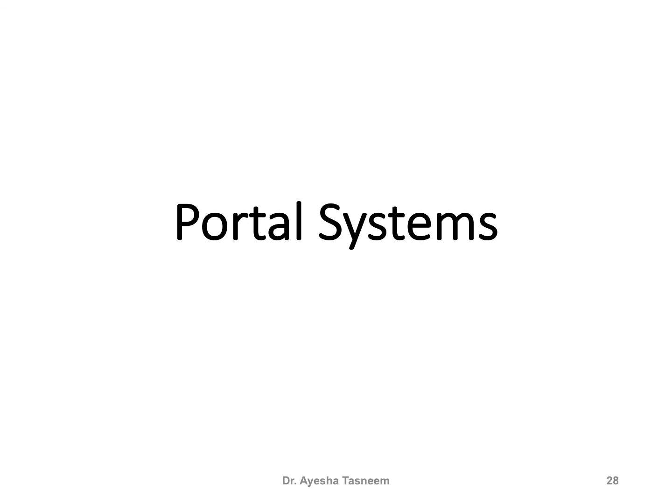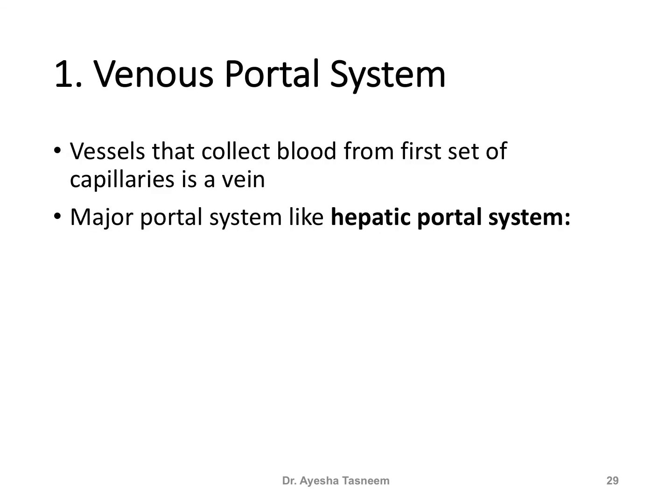Then we come to the portal systems. We have the venous portal system. In the venous portal system, the vessel that collects blood from the first set of capillaries is a vein. So this portal system is known as the venous portal system. The best example is the hepatic portal system.